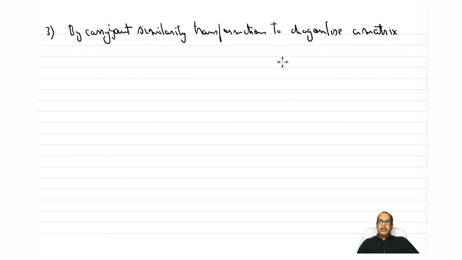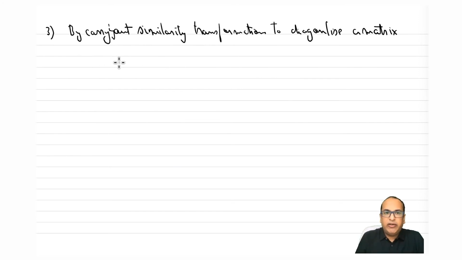Sometimes when we take a higher order basis set, we get matrices which are not in block factored or diagonalized form, right? In that case, we need to carry out a similarity transformation, which is equivalent to changing the basis set, as we have learned, right? So we need to carry out a similarity transformation.